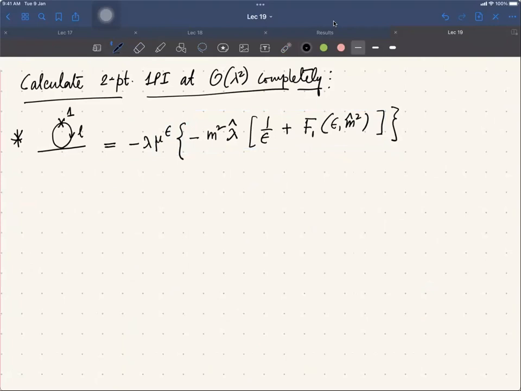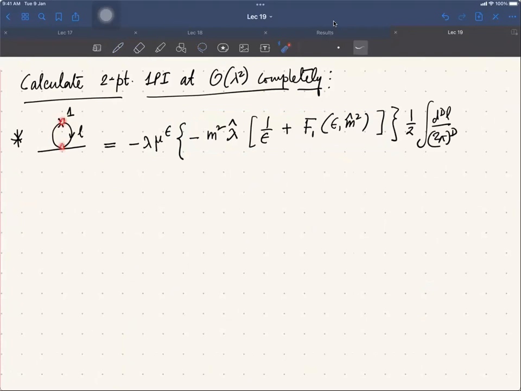And then I should now calculate this loop diagram, and that should be given by the symmetry factor half, and then the integral d^d l over (2 pi)^d.